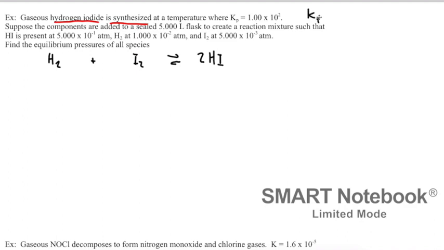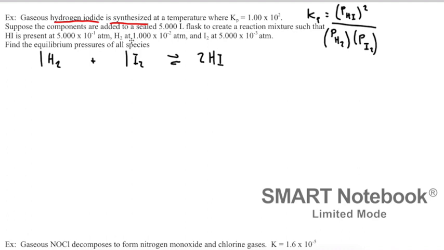This time it's pressures. So this is going to be the pressure of HI, the pressure of my product, squared, divided by the pressure of H2 raised to the first power, times the pressure of I2 raised to the first power.